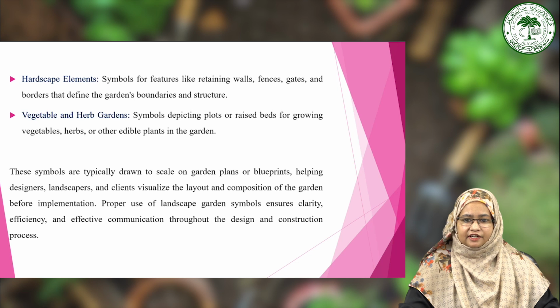When included in garden plans or blueprints, these symbols contribute to a comprehensive visual representation of the proposed garden design. They enable designers, landscapers and clients to visualize the layout, composition and functionality of the garden, fostering effective communication and ensuring alignment with project objectives throughout the design and construction phases.